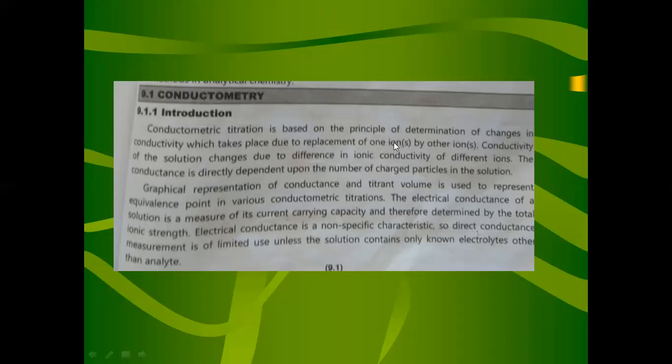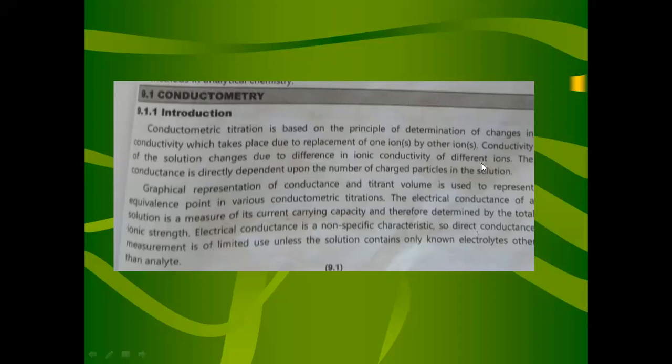So how much the conductance or current changes when one ion is replaced by another ion, that change in the current or conductivity is known as conductometry. The conductivity of the solution changes due to difference in the ionic conductivity of different ions.